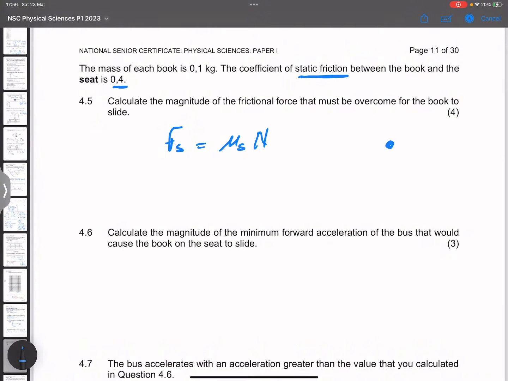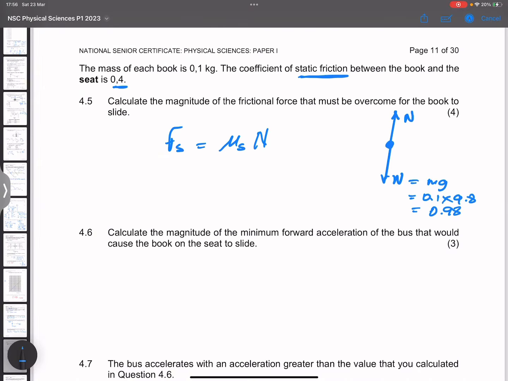But what I want you to appreciate, ladies and gents, is that our normal force, in this case, is opposing the weight of the book. So we can definitely find out what the weight is. That's m times g, that's 0.1 times 9.8, so that's 0.98.